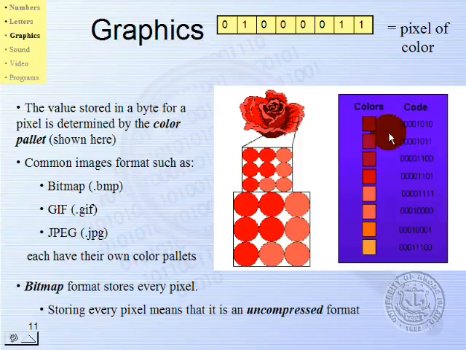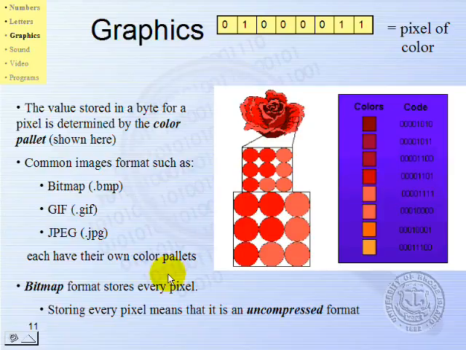So for instance, these shades here might have these byte patterns to store. If the digital camera or the scanner sees this color, it'll store this bit pattern, this color will store this pattern, etc.